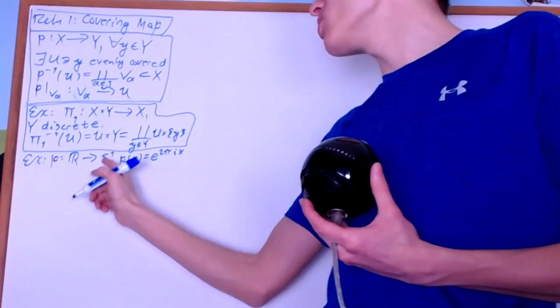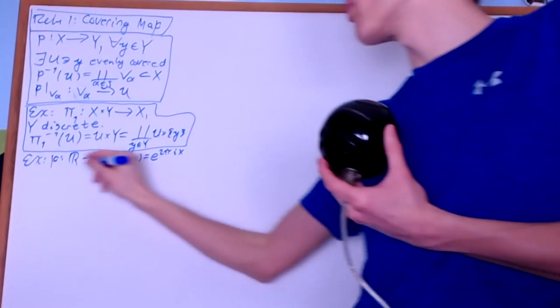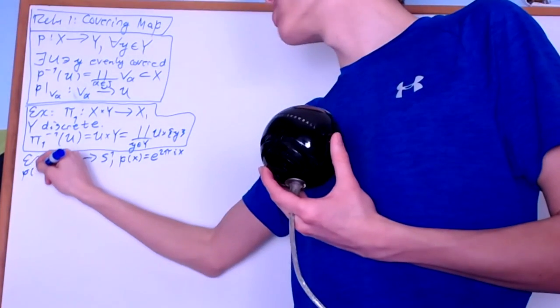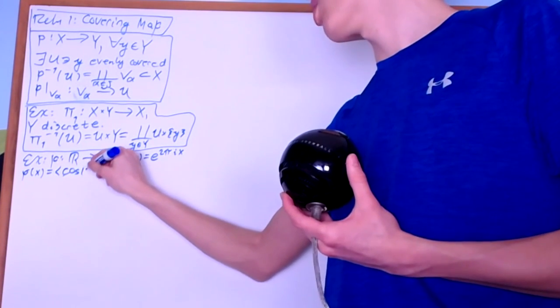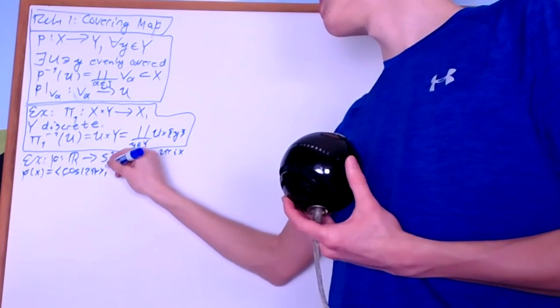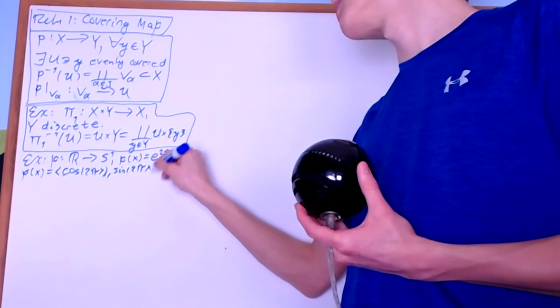Or if you want to view S1 not as a subspace of the complex numbers, but rather as pairs of points, this is going to be equal to cosine of 2 pi x, sine of 2 pi x.